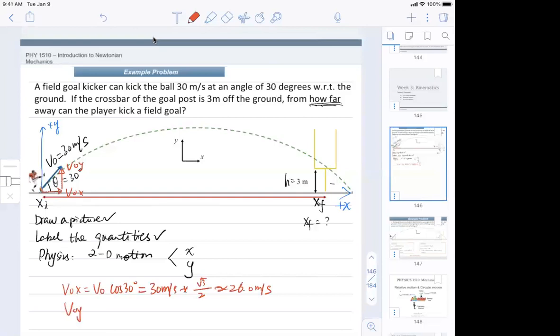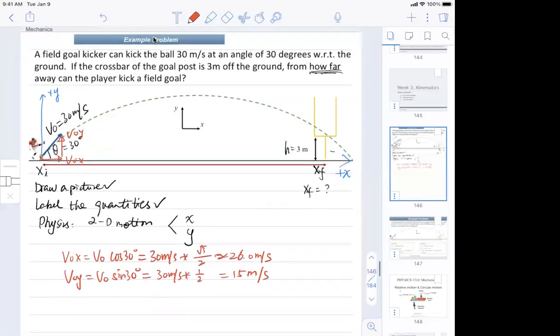Now V naught y would be V naught sine theta, sine 30 is 1/2, so that's 15 meters per second. I'll just say 26. Okay, so we have V naught x and V naught y.